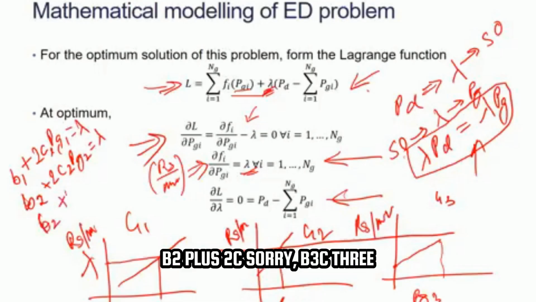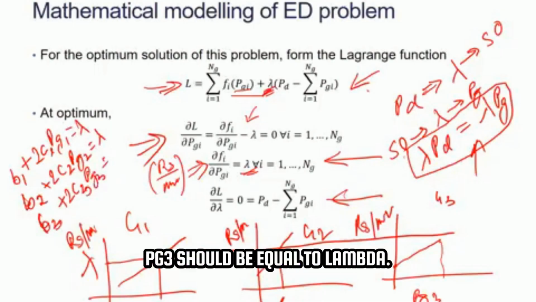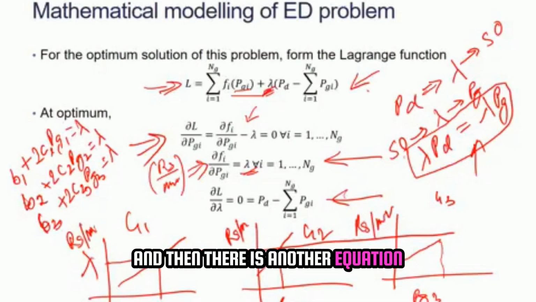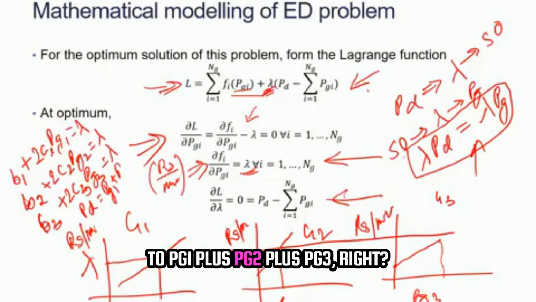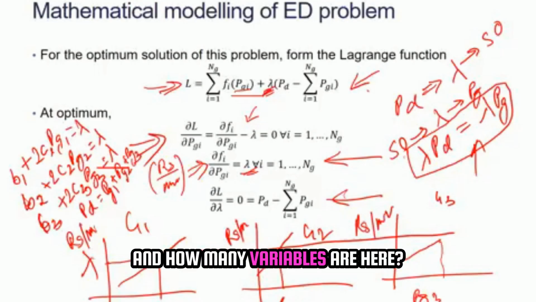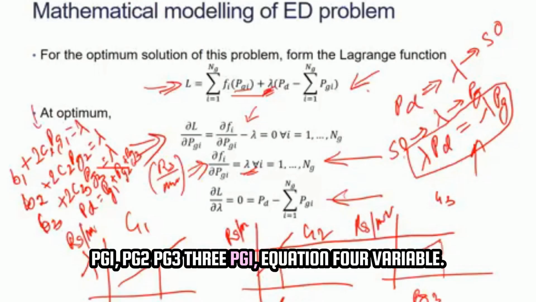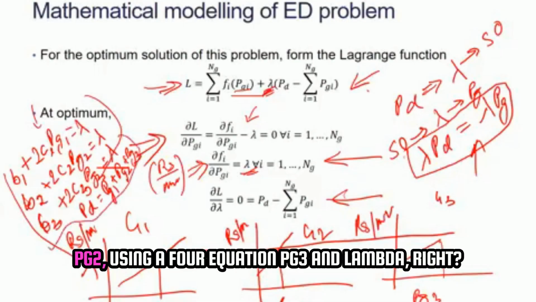B3 plus 2C3 Pg3 should be equal to lambda. And then there is another equation that the total demand should be equal to Pg1 plus Pg2 plus Pg3. How many variables are here? Pg1, Pg2, Pg3, 3 variables, and lambda is the 4th variable. So you have 4 equations, 4 variables. You can easily solve this and get the values of Pg1, Pg2, Pg3 and lambda.